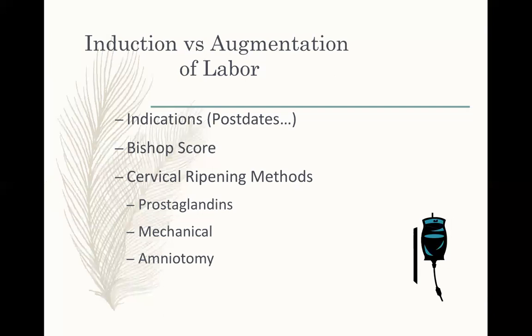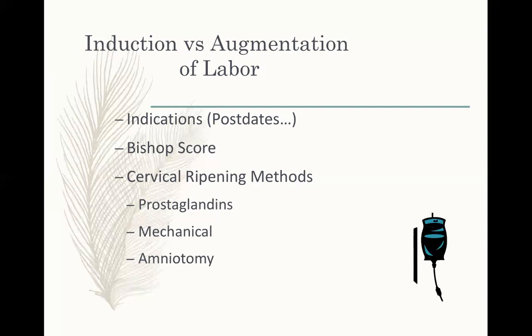Some other medical indications would be autoimmune diseases, cholestasis, health problems for mom. So there's a variety of things that would indicate we needed an induction prior to 39 weeks. But if the mom and baby are healthy, then we cannot do elective inductions before 39 weeks.